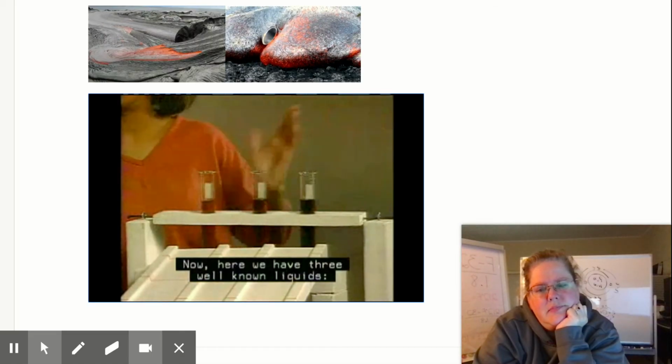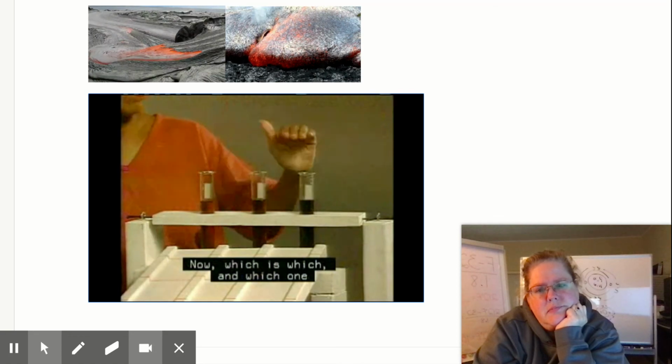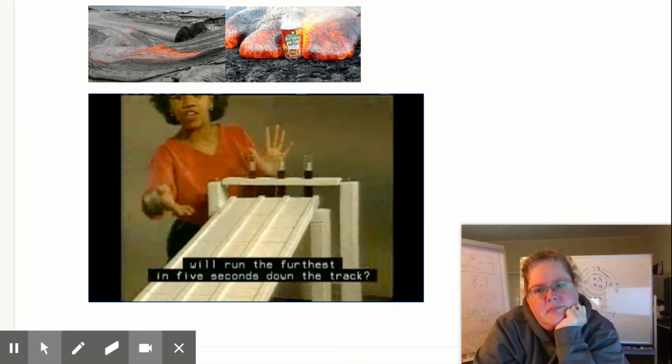Now here we have 3 well-known liquids: pancake syrup, motor oil, and colored water. Now which is which, and which one will run the furthest in 5 seconds down the track?